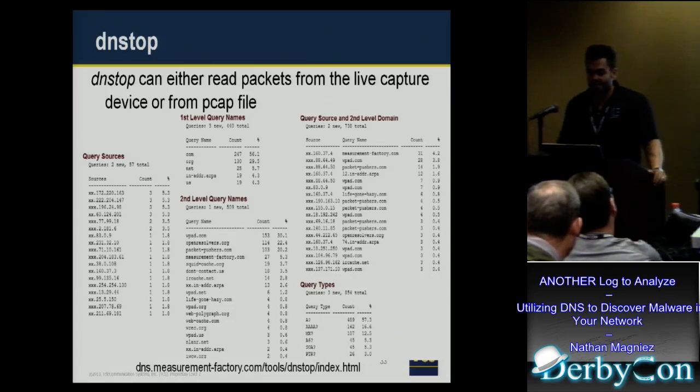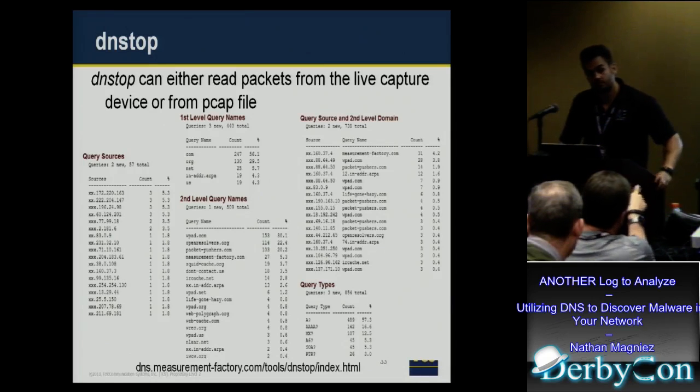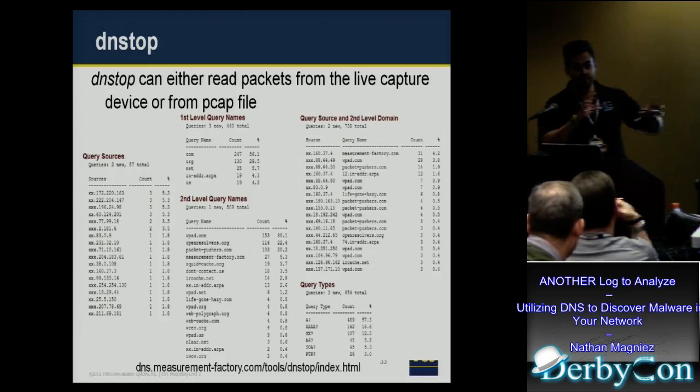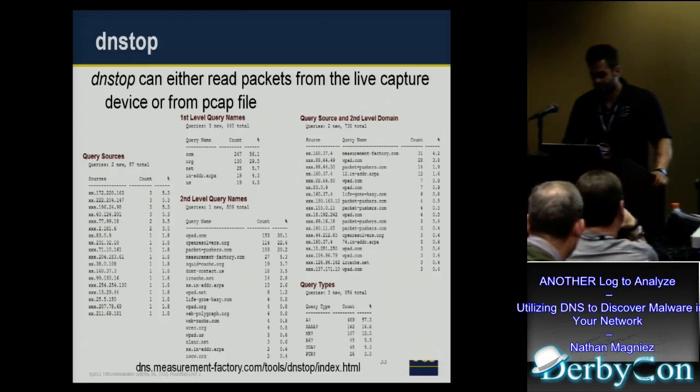Query source, and then the second level domain, so you can add some information there too. So you can narrow it down to a specific machine and see where they're querying out to. You can take a PCAP file and push it into it, or you can use it live. Yeah, so these are all just screenshots of different examples.